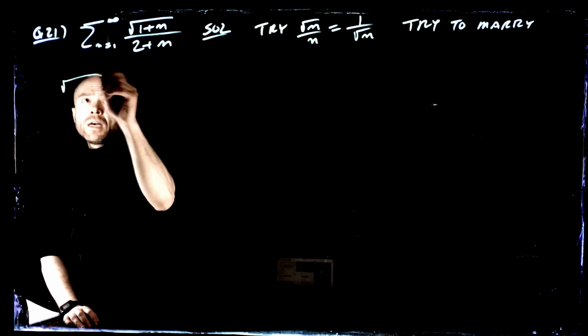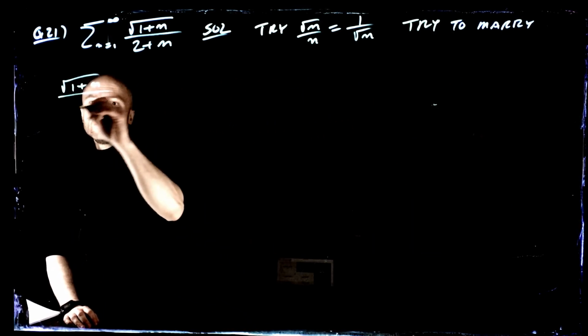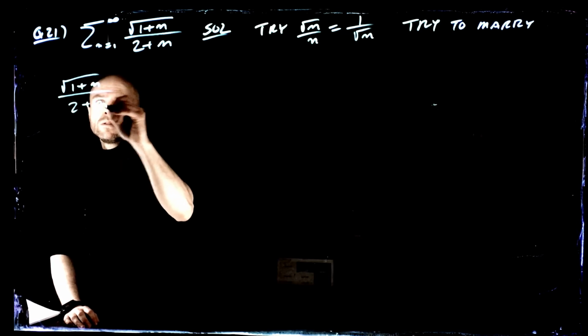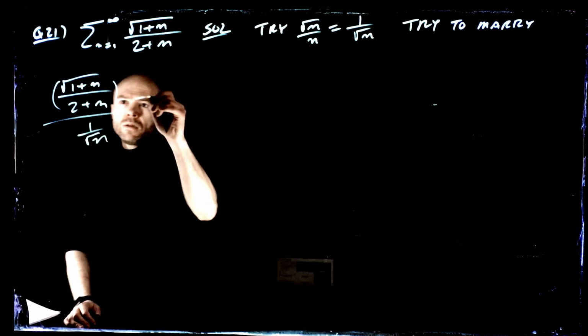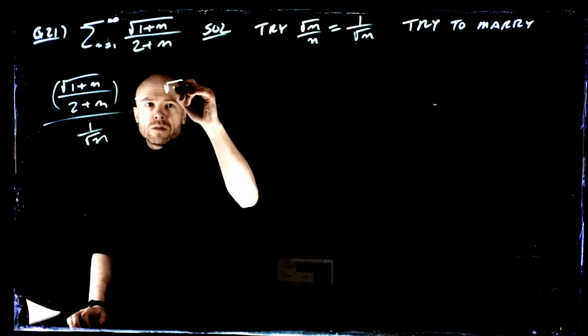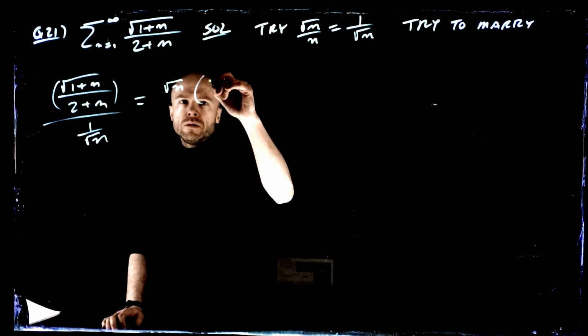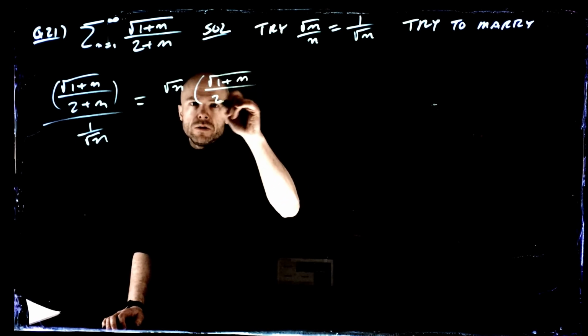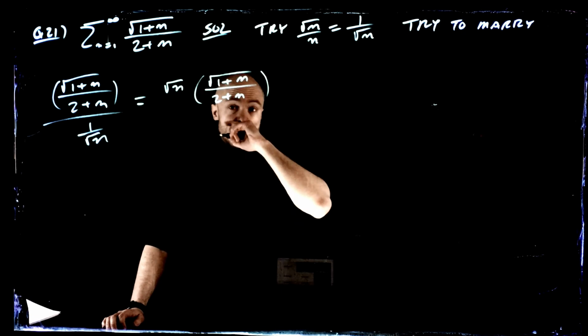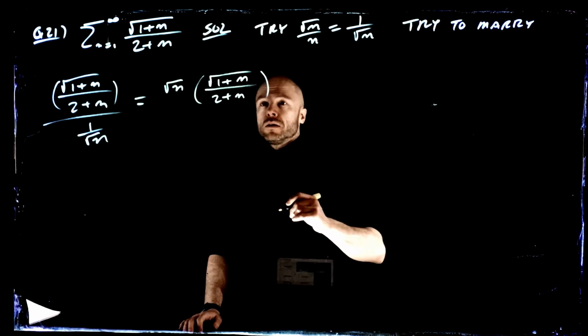So we take the ugly guy, we divide by the beautiful guy. That's the same as square root of n times square root of n plus 1 over 2n plus 1.